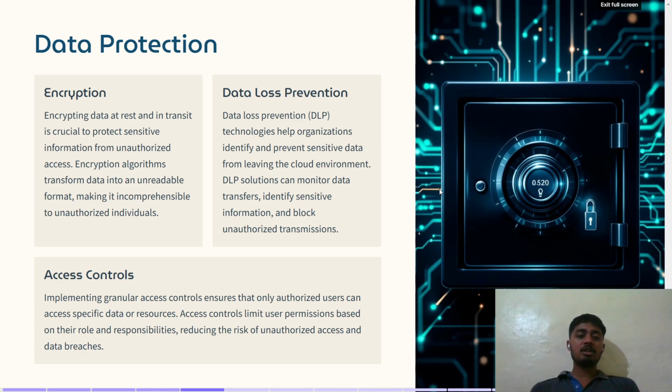Data loss prevention technologies help organizations identify and prevent sensitive data from leaving the cloud environment. DLP solutions can monitor data transfers, identify sensitive information, and block unauthorized transmissions. The third point is access control. Implementing granular access control ensures that only authorized users can access specific data or resources.